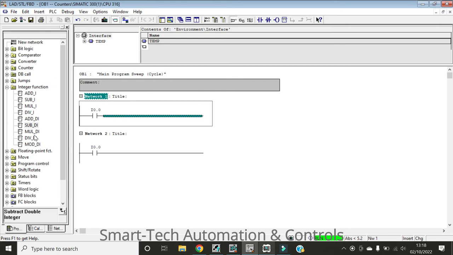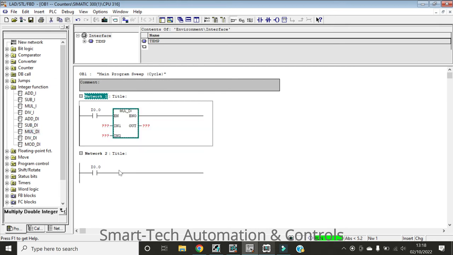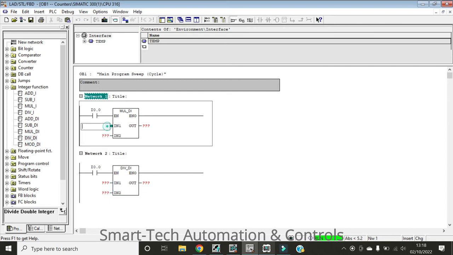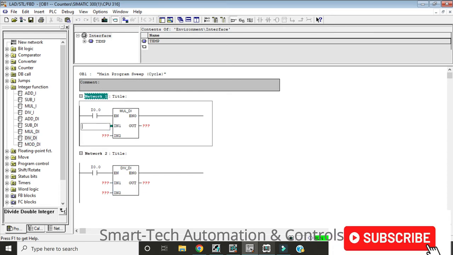We then have these ones for the multiplication and for the division. Again, this one will only operate with double integers, so the memory will be double word. So that one will be MD0. This one will be MD4. This one will be MD8.